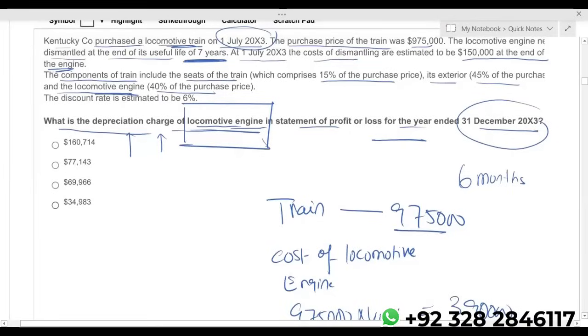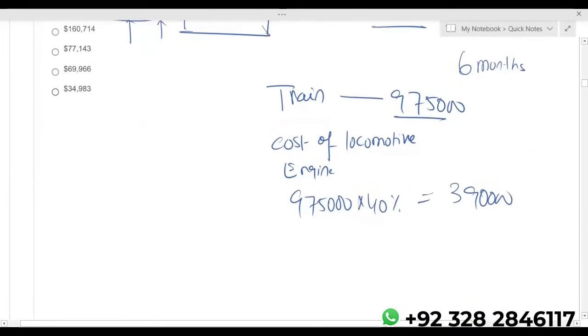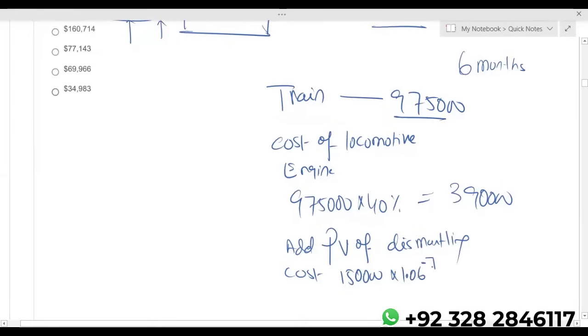Dismantling cost is 1,50,000, but I need the cost of capital. The discount rate they've given us is 6%. Now listen, we will add the present value of the dismantling cost: 1,50,000 into 1.06 power minus 7.